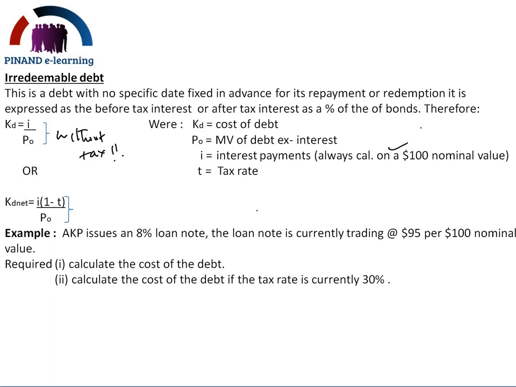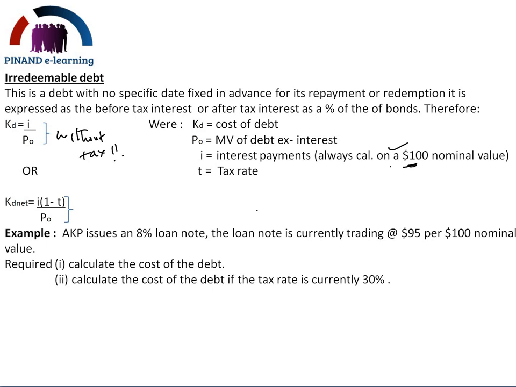This I is usually the coupon that is given in the question, which is the interest. So we're talking about X and Y company issued a X percentage bonds, percentage bonds or coupon. That is the interest rate. Now to get I, you multiply that interest rate by $100.